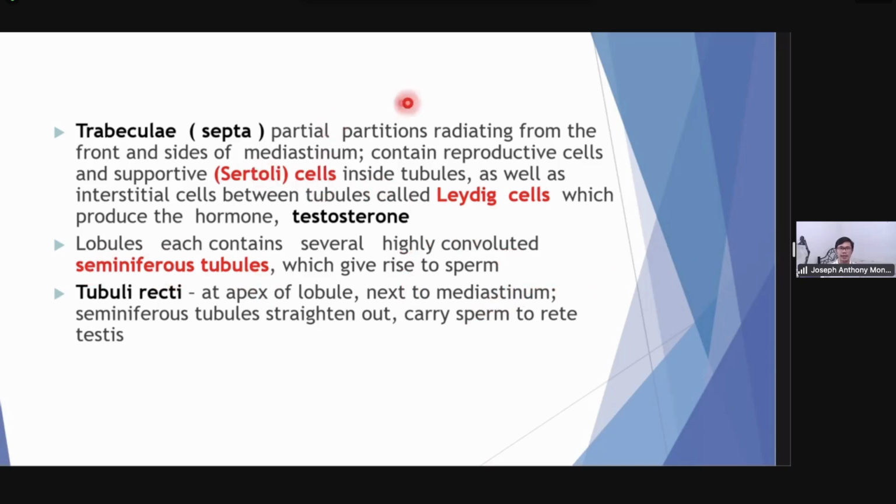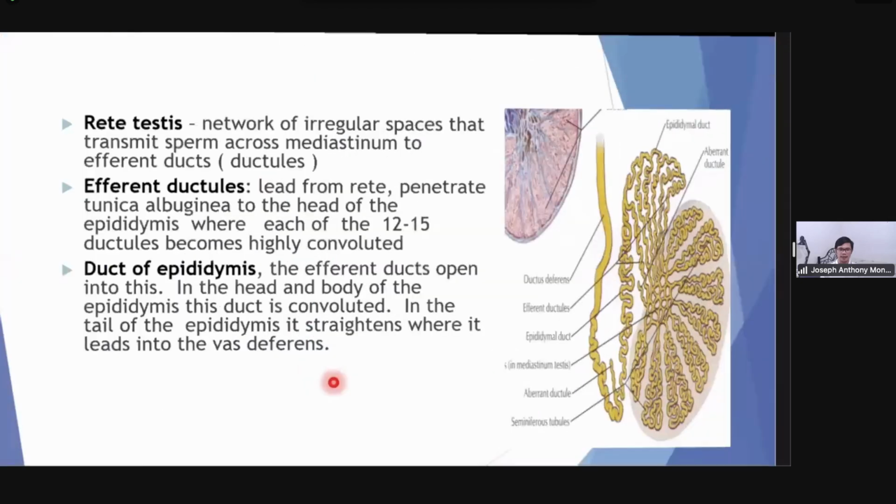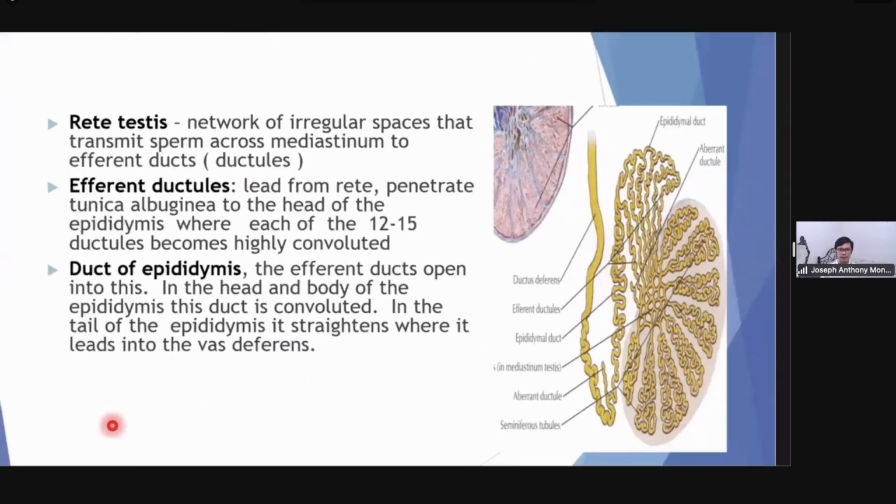Sertoli cell is to inhibin, Leydig cell is to testosterone, seminiferous tubules is to sperm. So take note of this slide, no? Sertoli is to inhibin, Leydig cell is to testosterone, seminiferous tubule is for sperm cell. Okay, so take note. So I think I'm down to my last few slides.